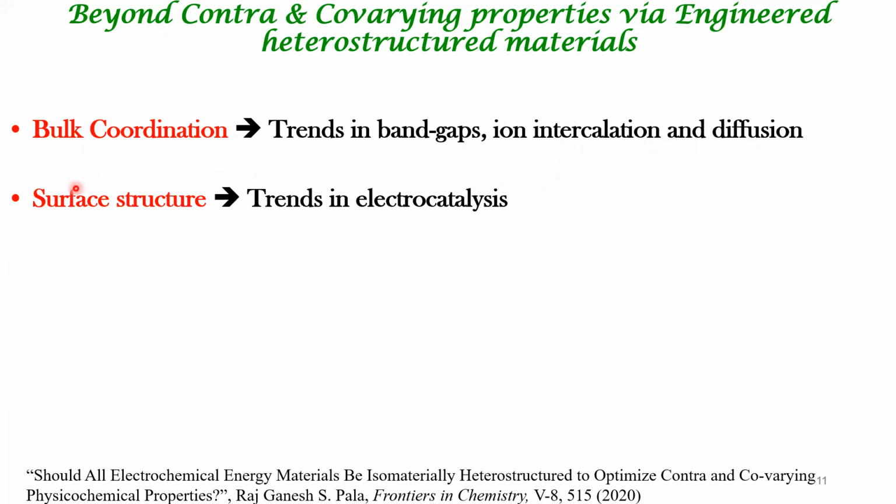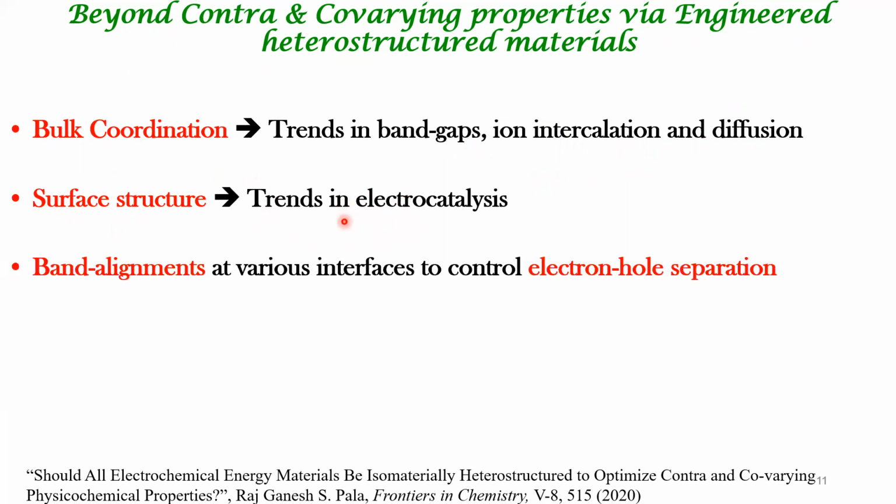If you can modulate the bulk coordination, you can change all these properties. If you can change the surface coordination, the trends in electrocatalysis can be improved. And the coordination at the interface is going to be important in band alignment between the conduction band and valence band at either side of the interface. This again will in turn control the electron-hole separation.